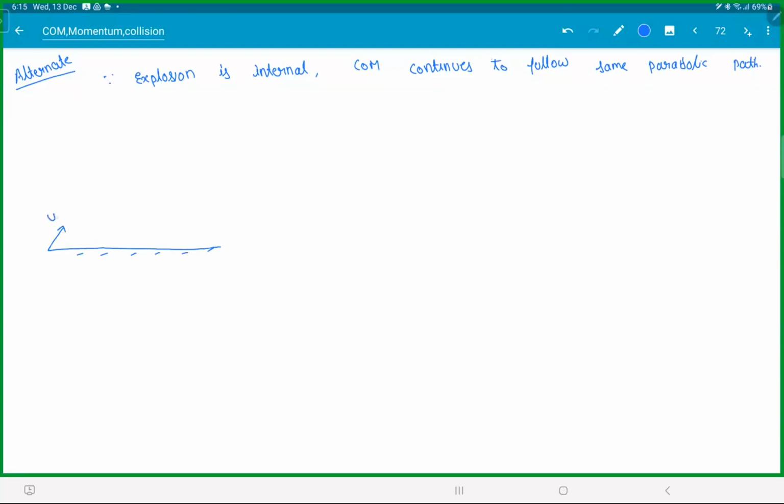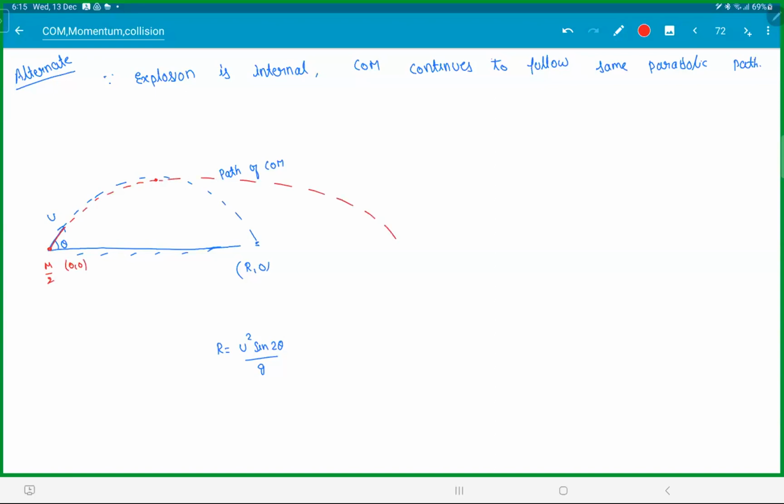So when you project it with u and theta, I know it will go and land here, at R comma 0, where R is your range, u square sine 2 theta by g. This is the path of center of mass. And here one of them came back here, so that would be m by 2 at 0 comma 0.